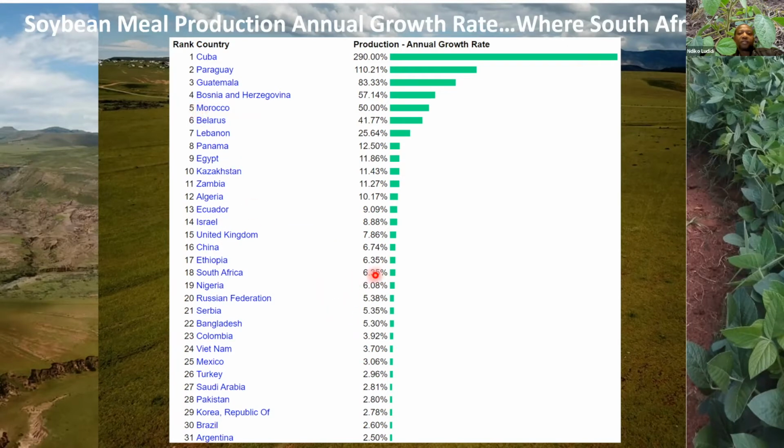South Africa's growth rate is 6.35%, so around 6%, compared to Morocco's meal production growth of 50%. So this tells us that South Africa really needs to work very hard to push that growth, and there's an opportunity for that. And that would really help in terms of increasing the variety of soybean products that can be produced in South Africa, which creates business opportunities that have a major impact on the economic sustainability of the country. So that needs to be tapped into.